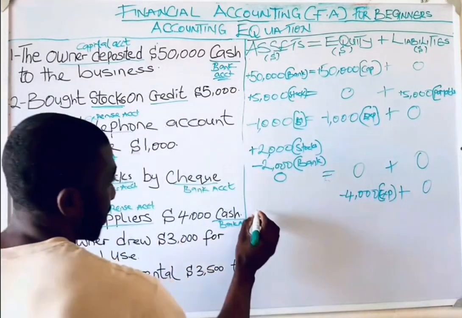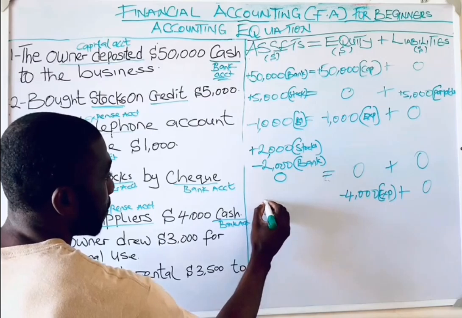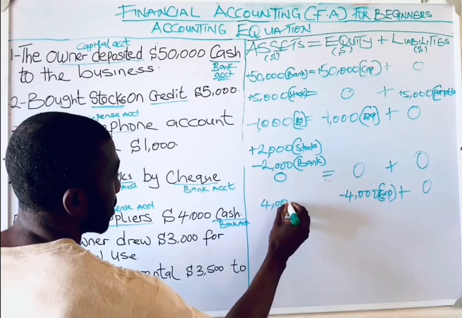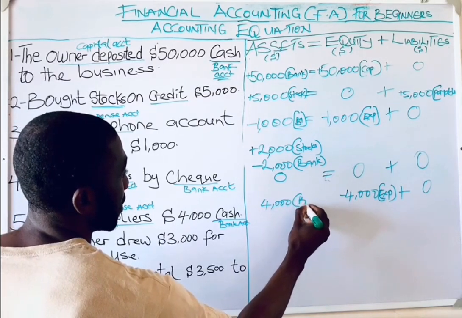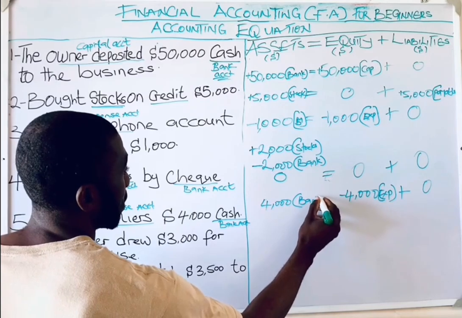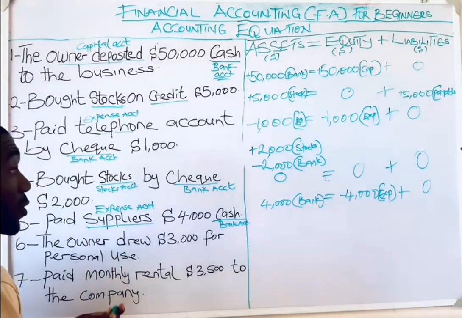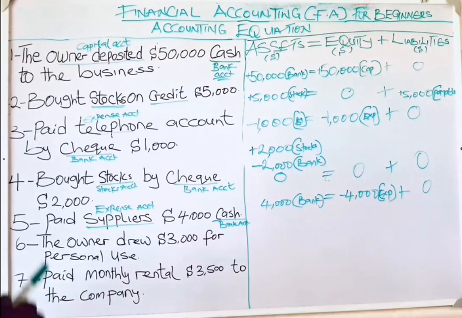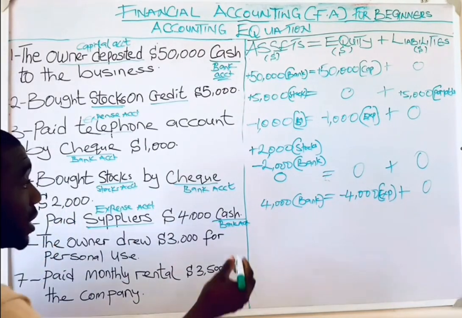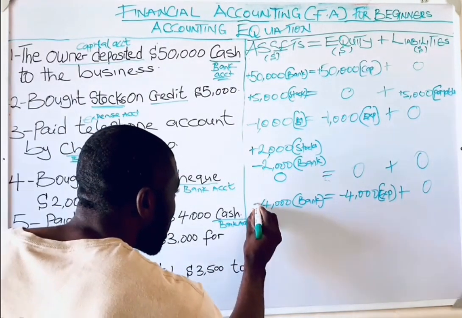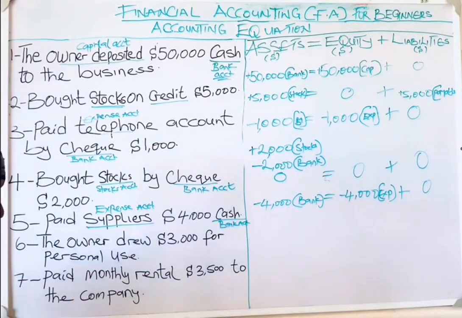Then our bank $4,000 equals to this $4,000 we pay. So it is reducing the balance of our bank account.